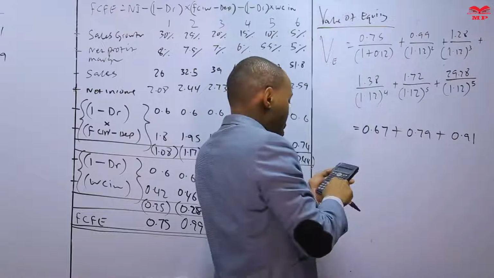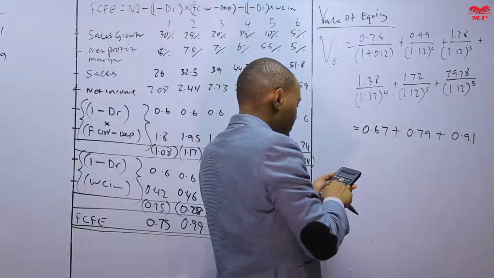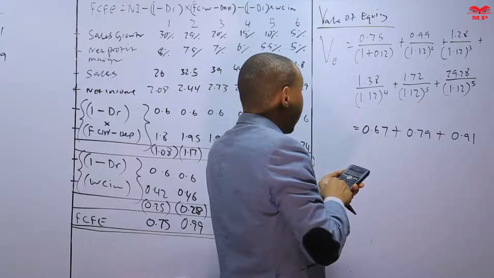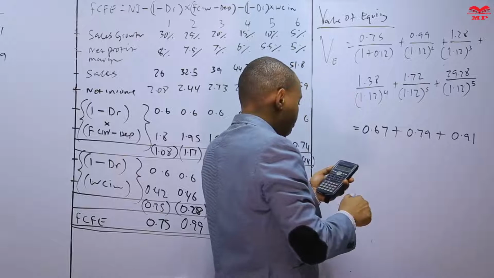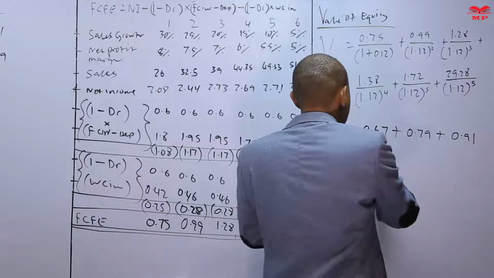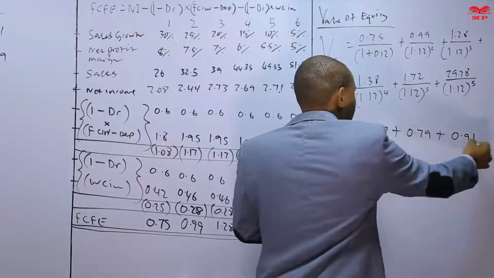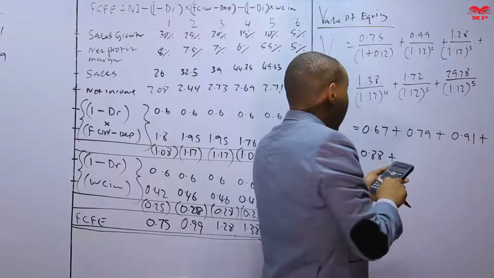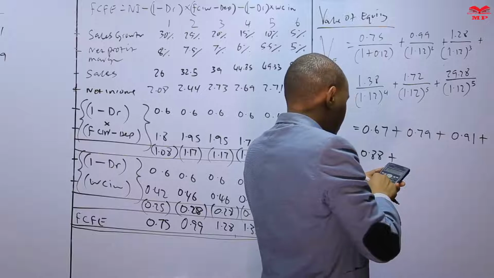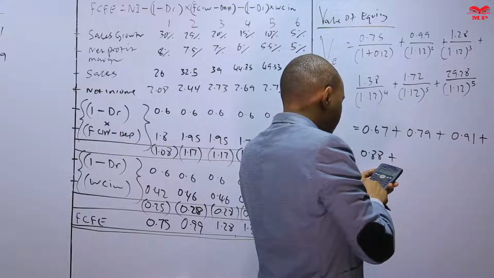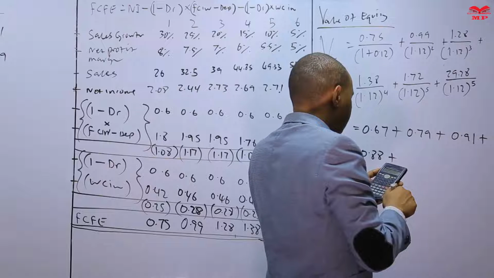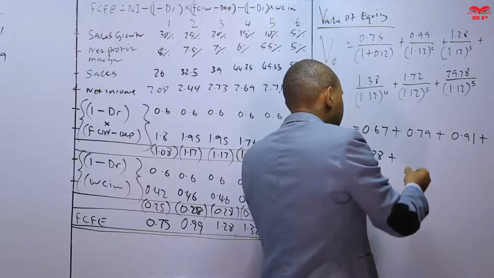Then 1.38 divided by 1.12 to the power 4, 0.88. Then we plus 1.72 divided by 1.12 to the power 5, 0.98.